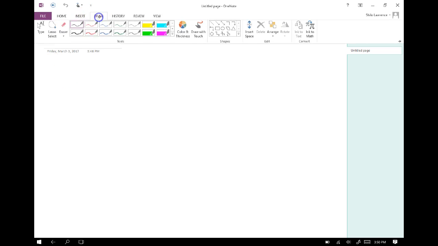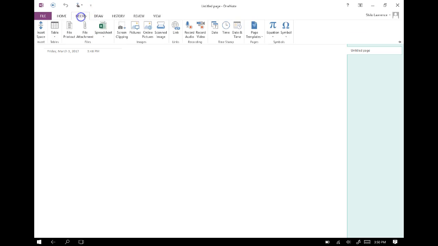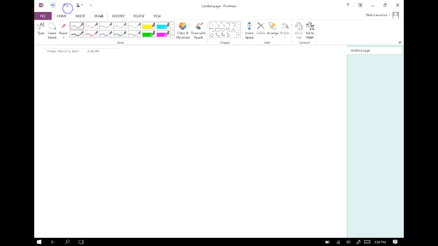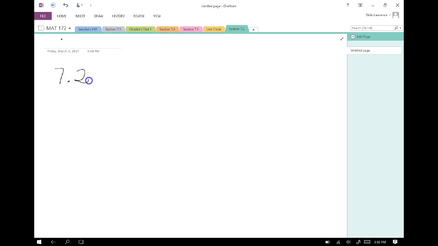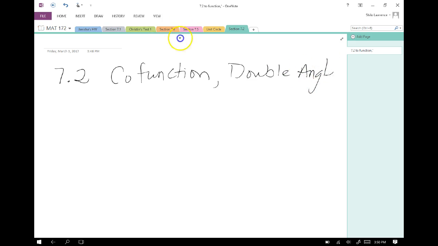So 7.2. We are doing cofunction identities, double angle identities, and half angle identities.